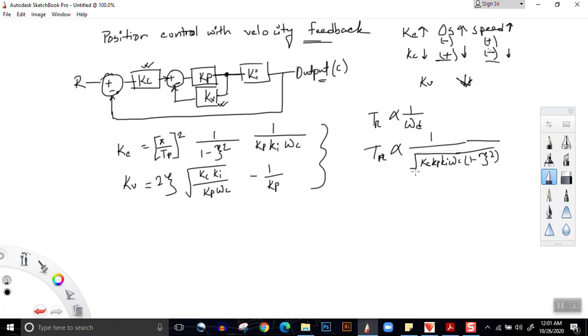You will remember this expression of omega d more clearly because I have taught you in the lecture. So here Kp is constant, Ki constant, omega c is constant, variable is Kc and variable is zeta. So we can write rise time is proportional to 1 by root over Kc only when zeta is constant.